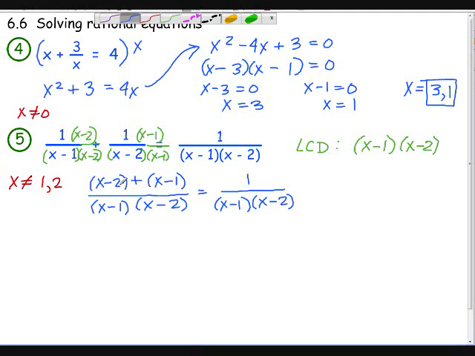What's going to happen here? I'm going to clear these parentheses because I actually don't have to distribute anything. Oh, I'm making a mess of it. All right, I'll rewrite it.